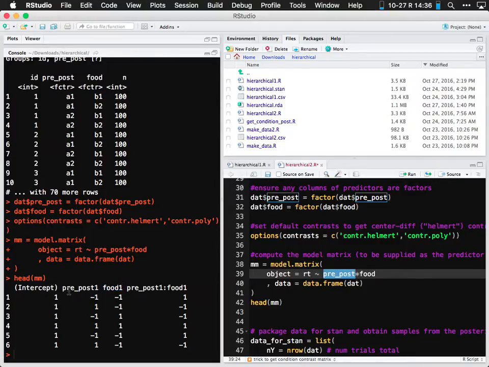The prepost 1 column encodes the levels of the original prepost column as either -1 or 1. We've got a food 1 column that does the same thing to the original food. And we've got a new column, prepost 1 : food 1, which encodes the interaction.